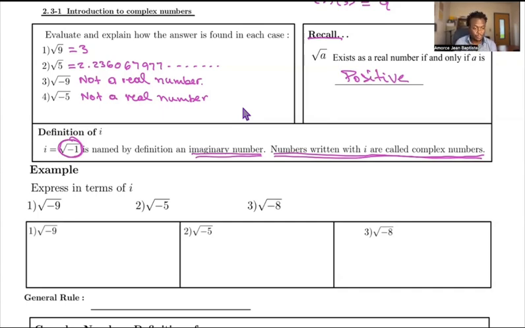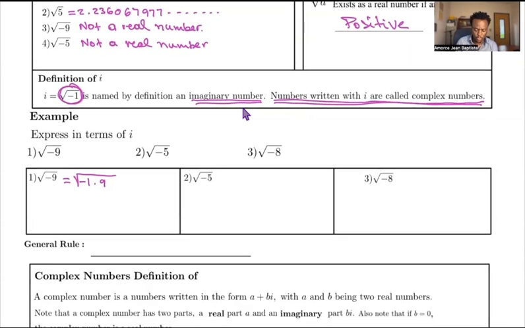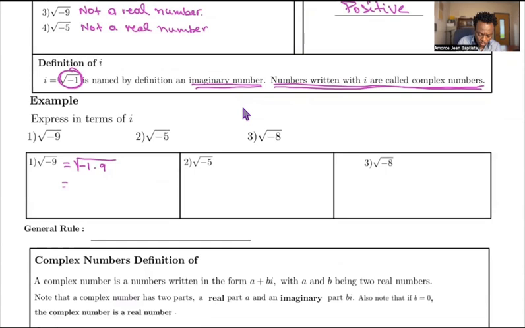So that said, square root of -9 can be written as square root of -1 times 9. And if we separate the radical, it would be square root of -1 times square root of 9. Square root of -1, we know that this is i, right? So that's i square root of 9. And square root of 9, we know it's 3. So basically, square root of -9 is 3i.